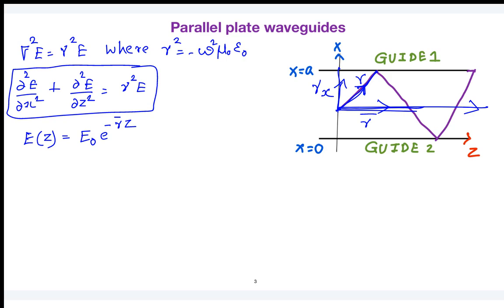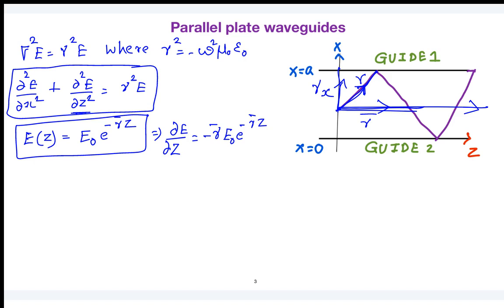Now, when you assume the electric field intensity is something like this, you calculate the value of dou square E by dou z square. First you start with dou E by dou z. You are going to get minus gamma bar E naught e power minus gamma bar z.